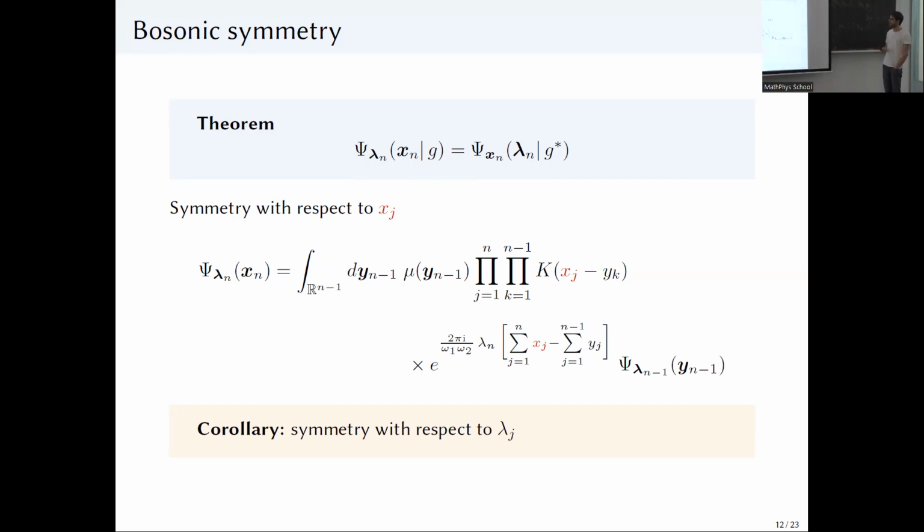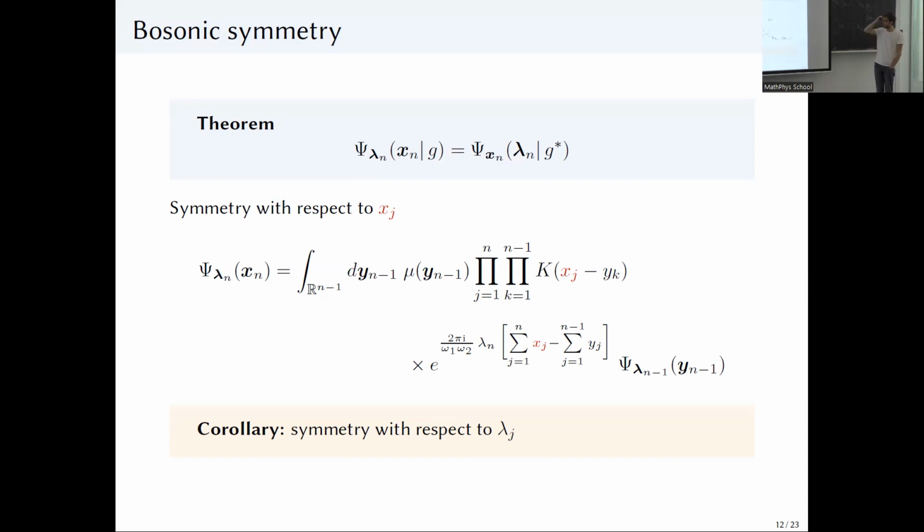And this theorem tells us as a corollary that the eigenfunctions are also symmetric with respect to the lambda variables, which is by no means obvious from this original integral representation. It is really hard to prove that this integral representation is symmetric with respect to the lambda variables, and this theorem gives us this for free. All of the other properties can also be doubled, so it saves you a lot of work. Asymptotics or integrals that can be calculated with this eigenfunction can also have this type of corollaries.